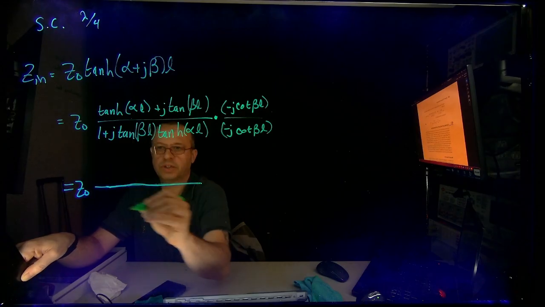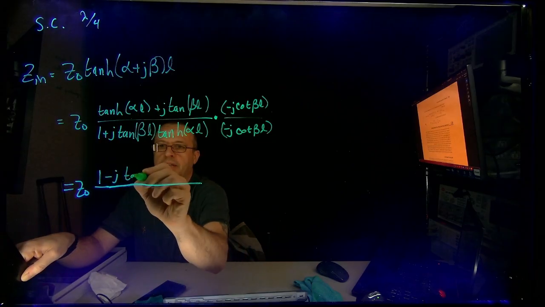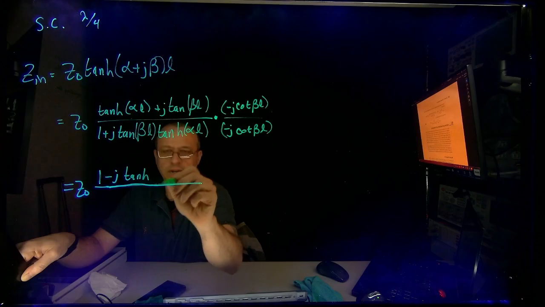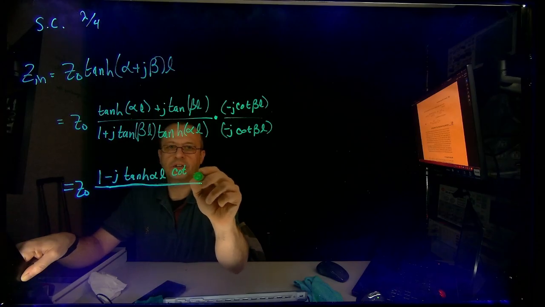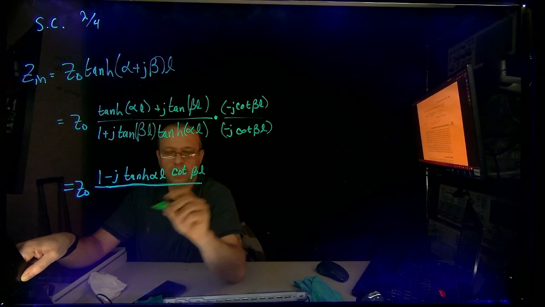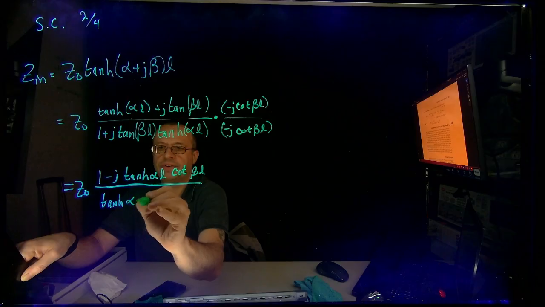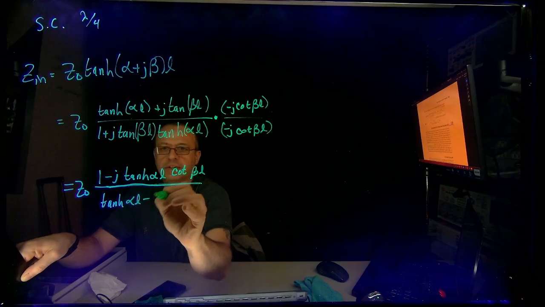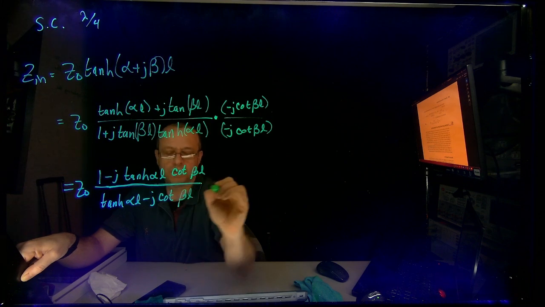Okay, so this is now 1 minus j hyperbolic tangent alpha L times the cotangent of beta L, over hyperbolic tangent of alpha L minus j cotangent beta L.